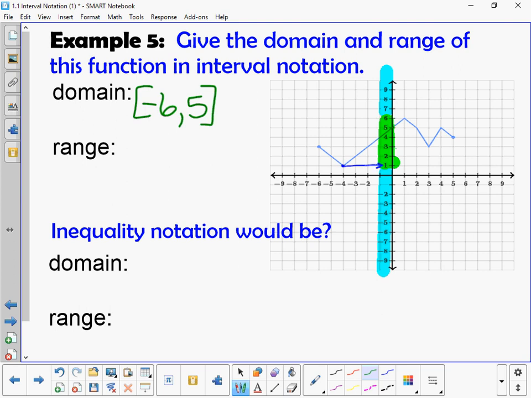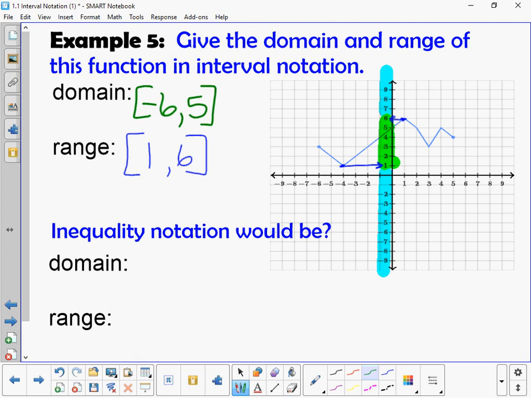And on the y-axis, that corresponds to 1. All the way up to our highest point on the function corresponds to a value of 6 on the y-axis. So our range is from 1 to 6. And again, it's coming down and touching those points, so we're going to include those on both sides. So we use brackets. From 1 to 6 is our range.